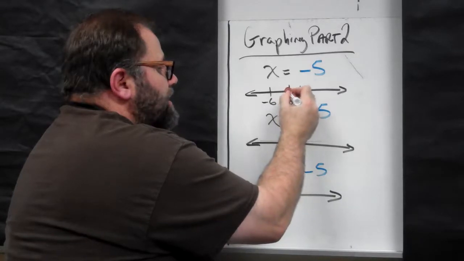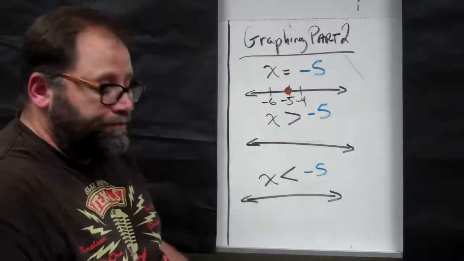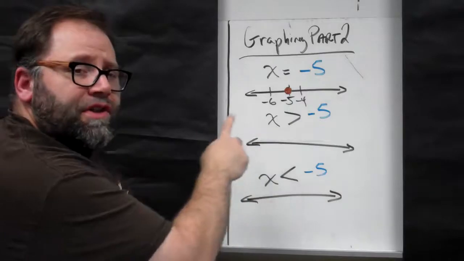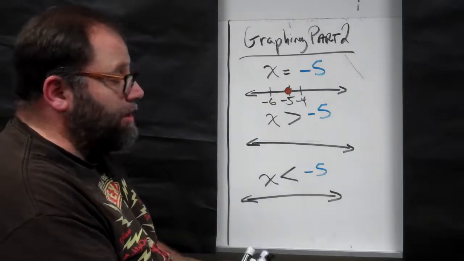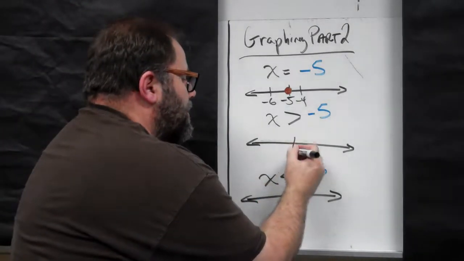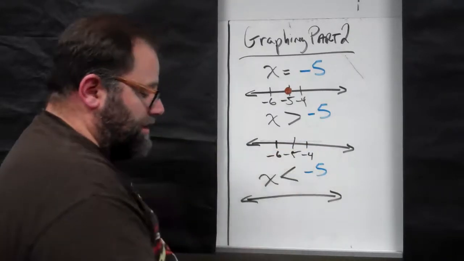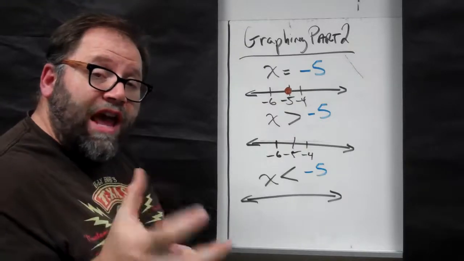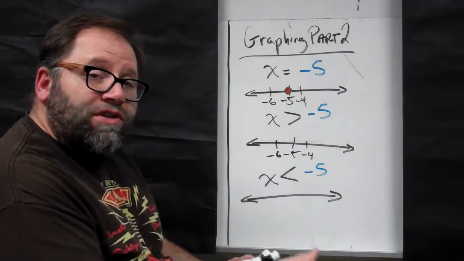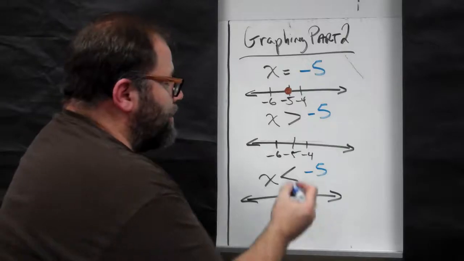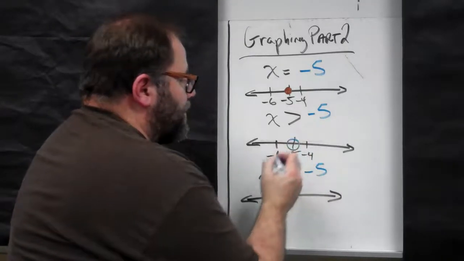There is x equals -5, closed circle. Now what I have here is x is greater than -5. So let's get our points on our line: -5, -4, -6. Now, it doesn't have an equal sign, so instead of using a closed circle, now we're going to use an open circle.